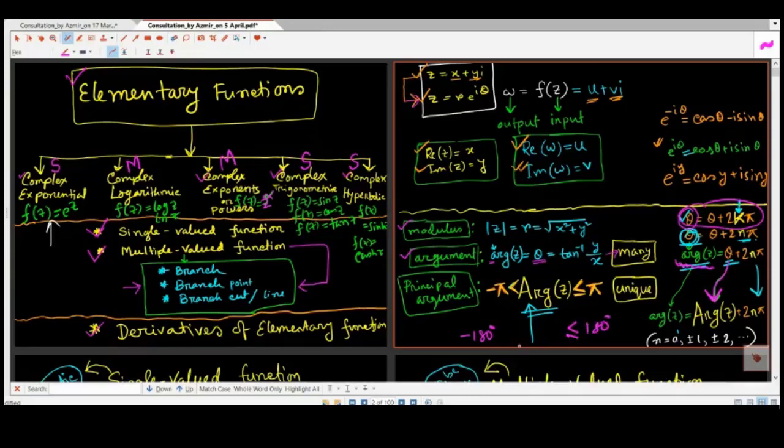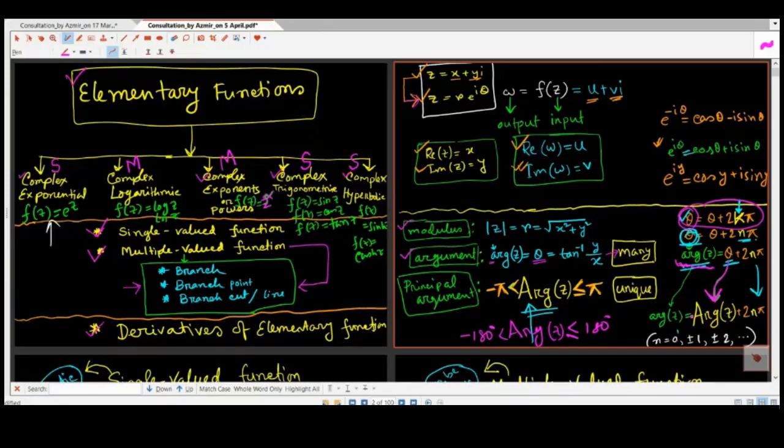It can also be equal to 180 degree. That means capital A R G of z lies in between negative 180 degree to positive 180 degree. It can also be equal to 180 degree. So theta equals theta plus 2n pi can now be written as argument of z equals principal argument plus 2n pi.